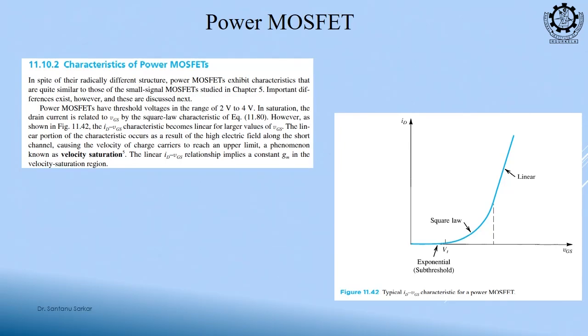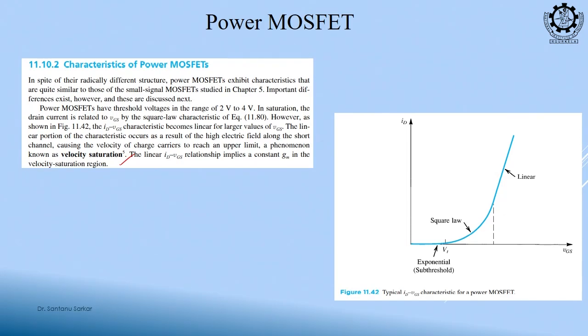Its current plot is quite similar to the normal MOSFET, ID versus VG looks the same, but it suffers from a phenomenon known as velocity saturation, and due to that its maximum current gets reduced. Okay.